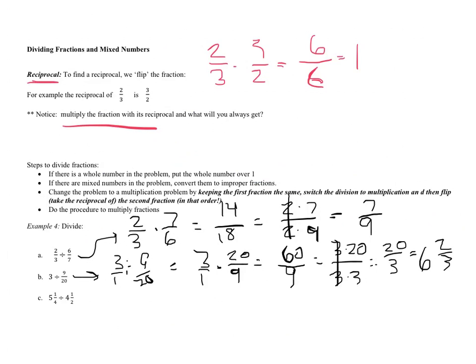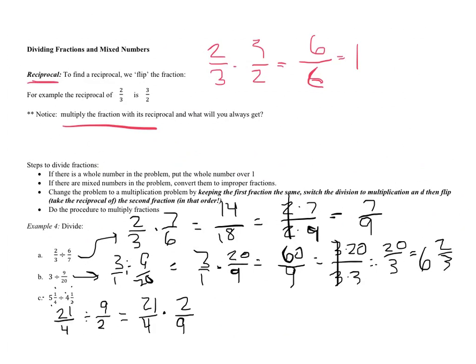Okay, so the 5 and 1/4: 4 times 5 plus 1 is 21 over 4, divided by 2 times 4 plus 1, 8 plus 1, is 9 over 2. So that's got to be the first step. Change the mixed numbers to improper fractions, and now we can rewrite our division as multiplication.